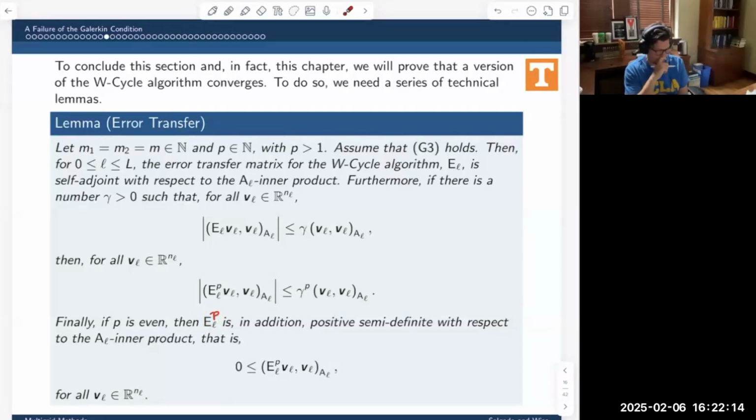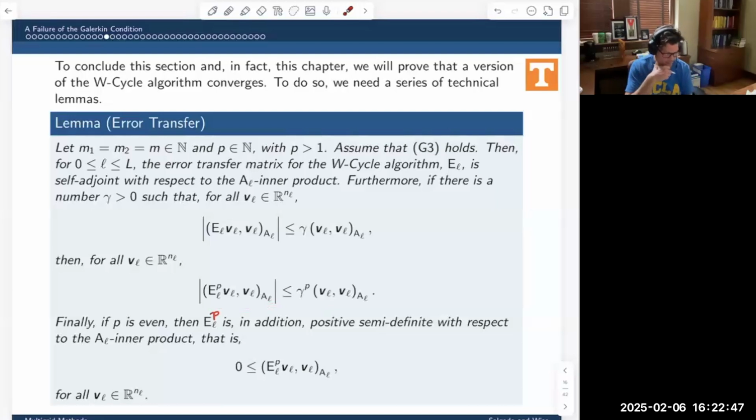Now, what I wanted to argue is that if I have a symmetric method, and if I have this assumption, then this is some number, usually smaller than 1, that when I replace this 1 by a p, I can get an even smaller contraction for ELP.